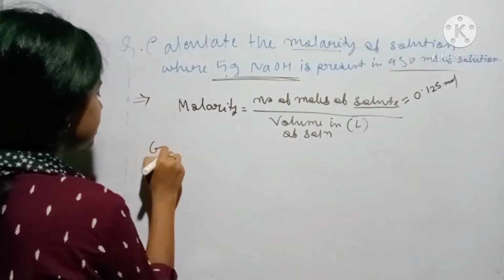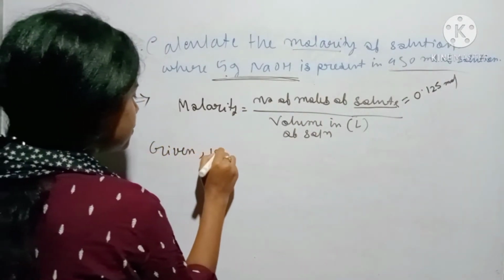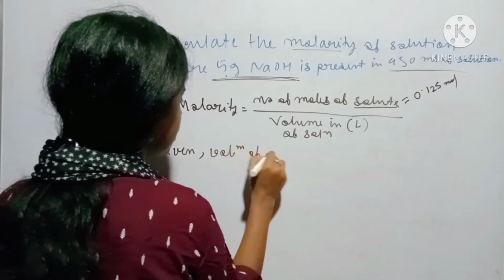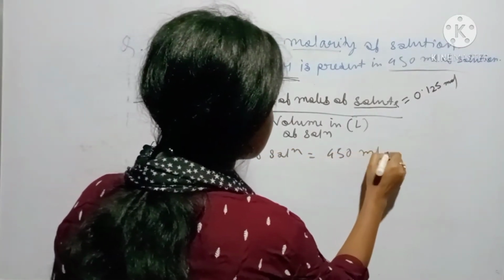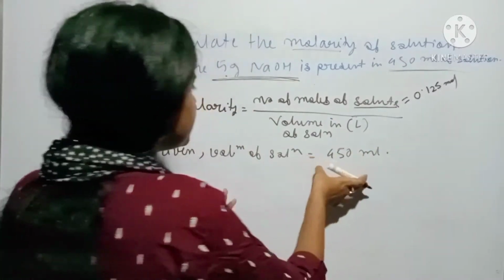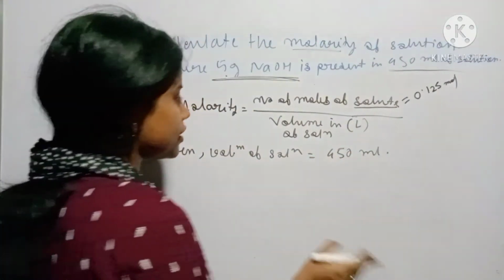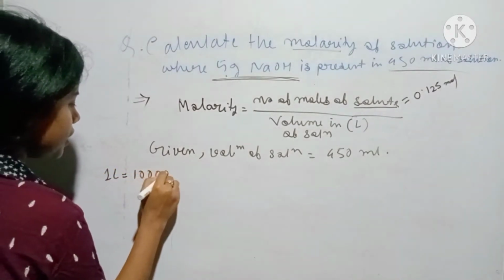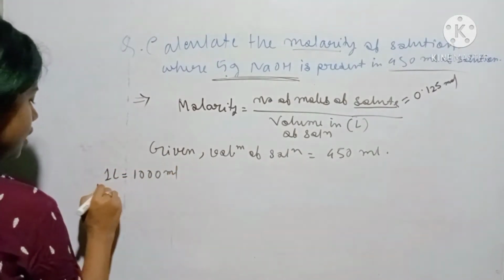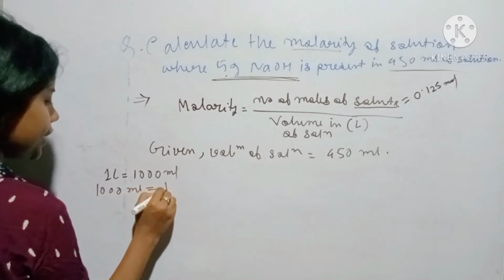Here the given volume of solution equals 450 ml. We have to convert this ml into liter. We know that 1 liter equals 1000 ml, that means 1000 ml equals 1 liter.